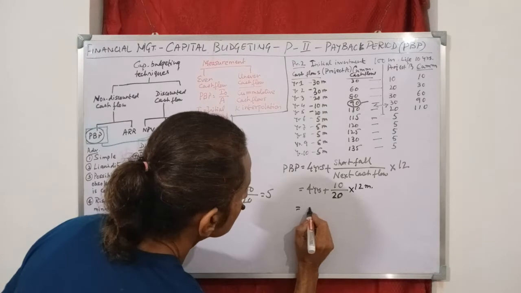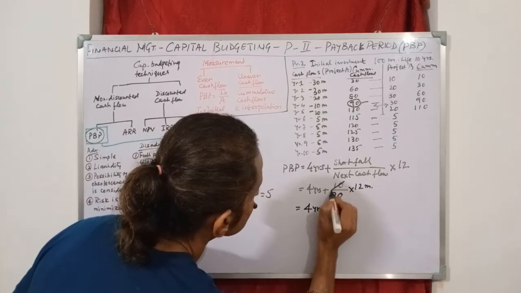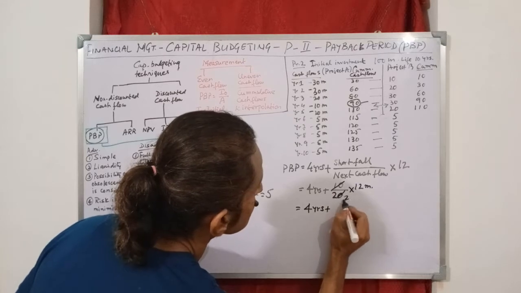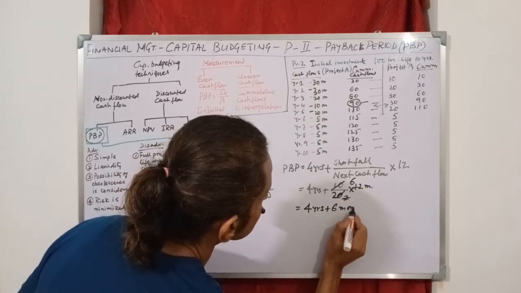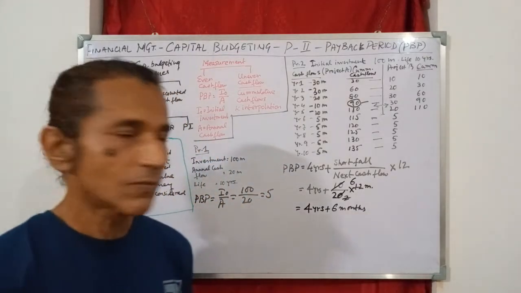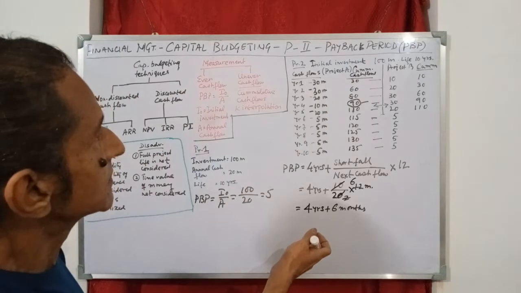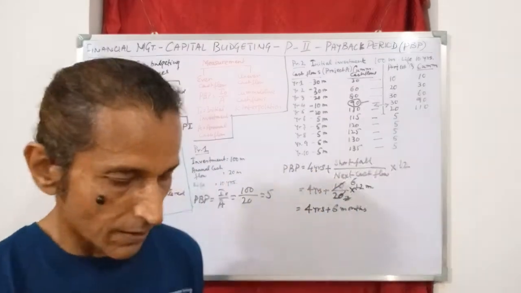So this is equal to 4 years plus 6 months. Right? So here the PBP is 4 years and 6 months.